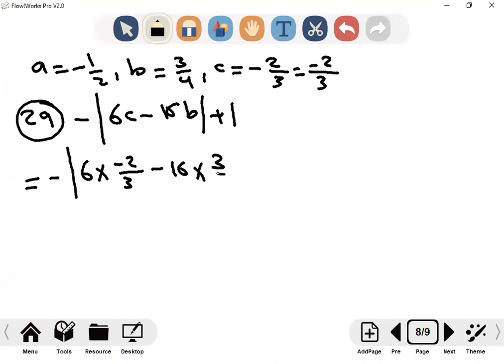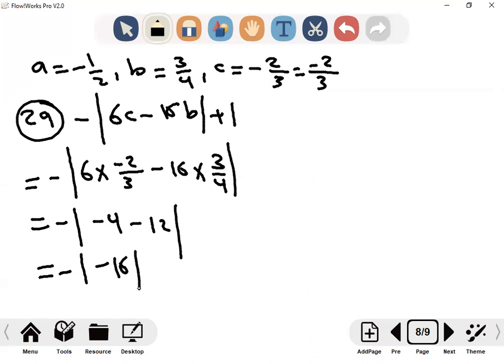How much is b? Negative 6 times negative 2, negative 12, divided by 3, negative 4, right? Or you can do crossing. Divided by 3, 1, divided by 3, 2, 2 times negative 2, negative 4. Here, on 4, 1, on 4, 4, by 3, 12. Right? This is negative, absolute value of negative 16. Here it is positive. With the negative, what will it become? Negative 16, right?